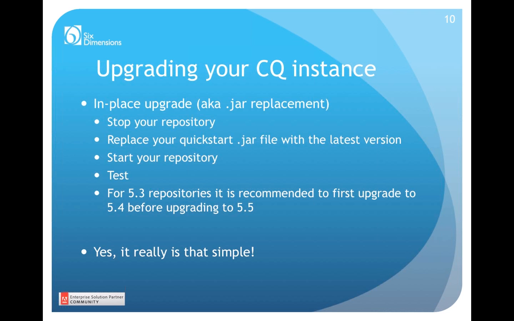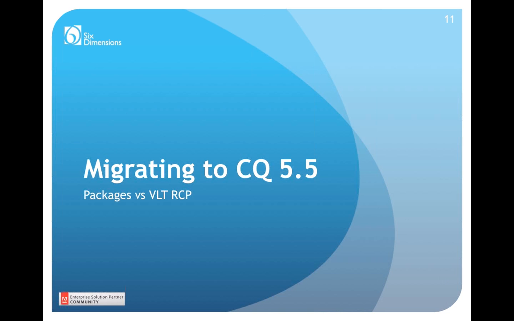And then once it's started, test. And yes, it really is that simple. So one thing to note: you're going to stop your repository, replace the jar, and to start it back up, depending on your system, if it's Windows, you can double click on the jar. If it's Unix, you're running the startup commands.